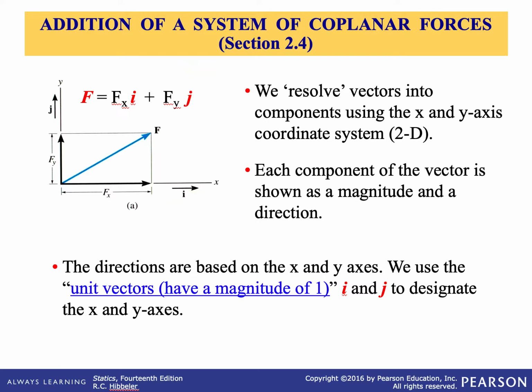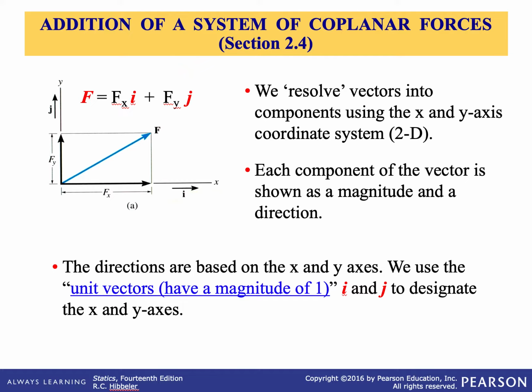They are unitless and have magnitude 1 to designate the x and y axes. So if I want to see the effect of F on the x axis, I need to find the Fx component, and I add the i to represent that this is what is happening on the x axis horizontally.